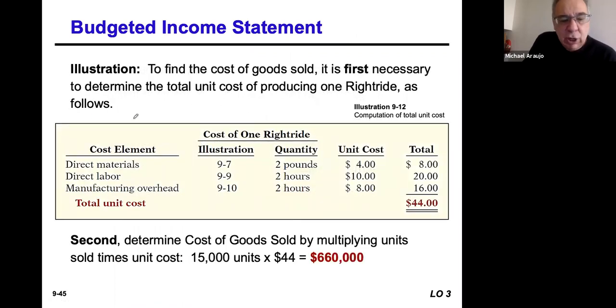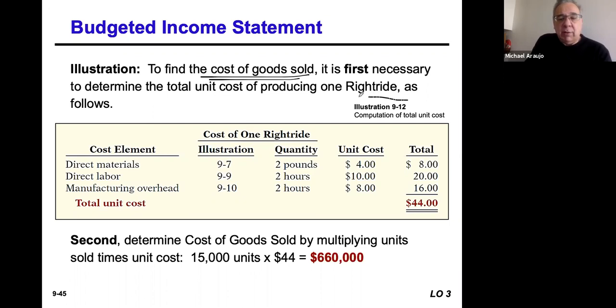So one thing to understand is part of an income statement, of course, is your expenses. And probably one of the most important ones that we have to calculate first is the cost of goods sold. So what we have to do is find out what's the cost per unit.